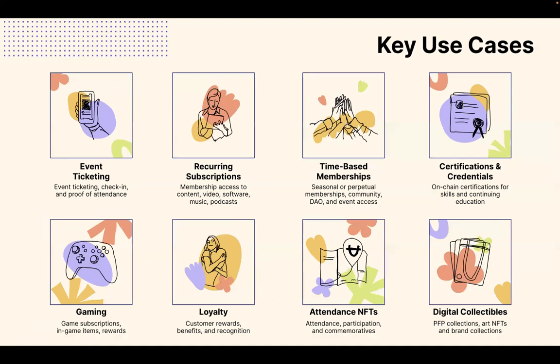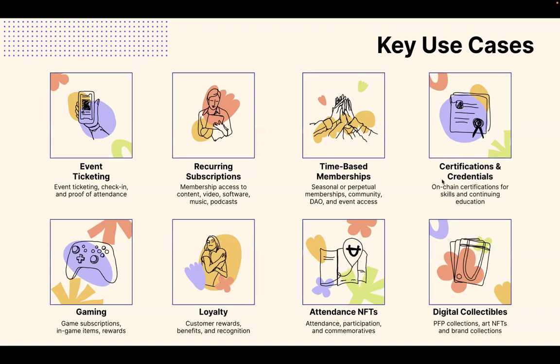The use cases, as we mentioned before, there are a lot of different ways that folks are using this concept of memberships and subscriptions. So event ticketing, recurring subscriptions, time-based memberships, and this is really a big one and a unique one.